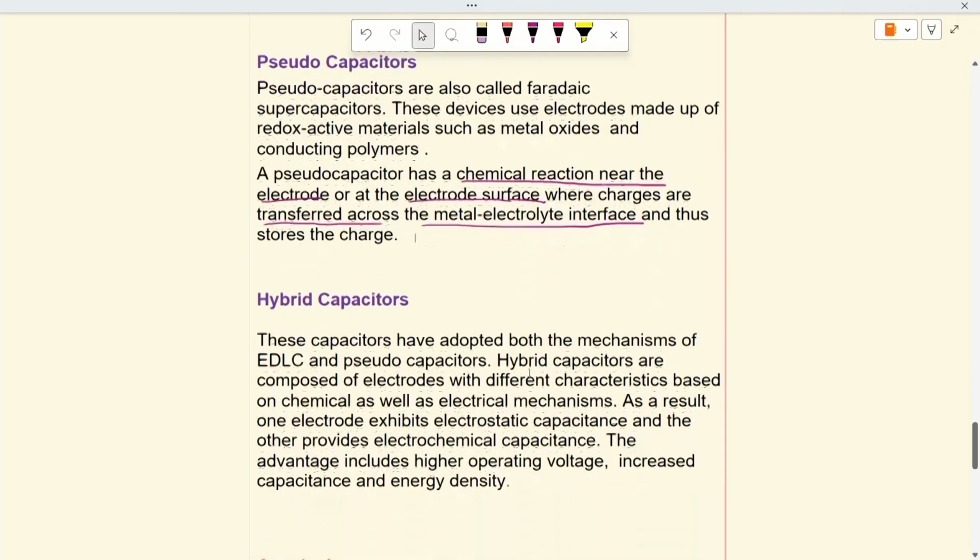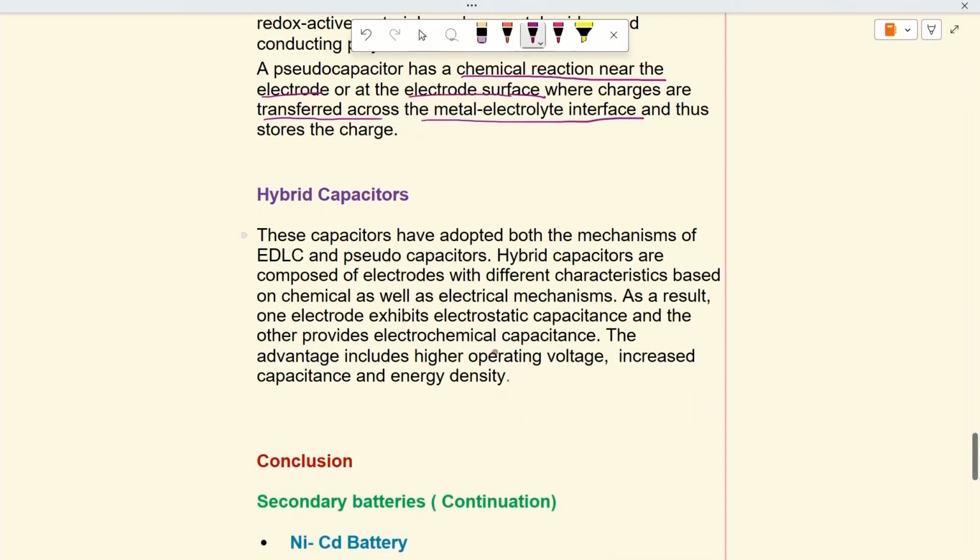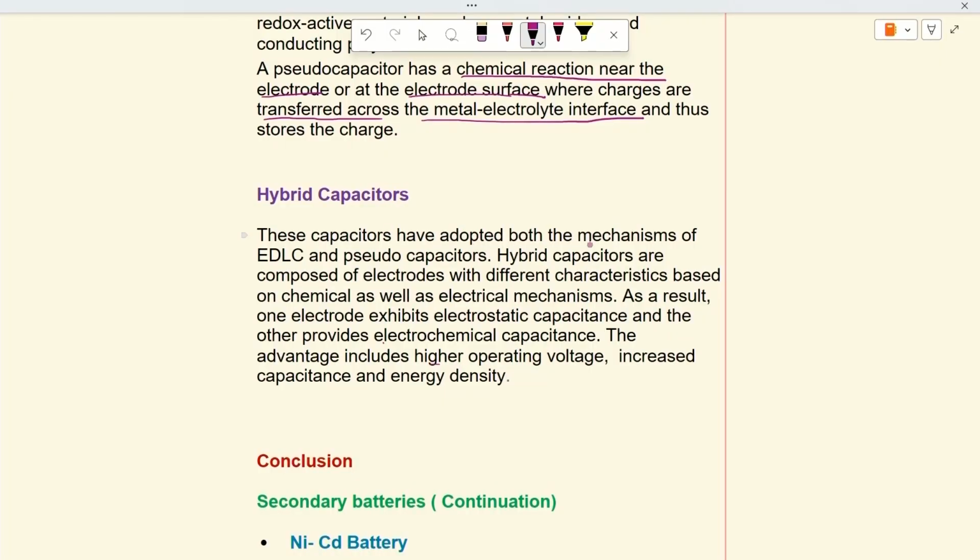So, in pseudo capacitor, we have a chemical reaction, that is a redox reaction taking place, and as a result we have the electrical double layer. In the case of hybrid capacitors, hybrid itself means that there are two varieties of capacitors combined together. Okay. These capacitors have both mechanisms of electrical double layer capacitor and pseudo capacitors combined. So, there are two capacitors, they are combined together.